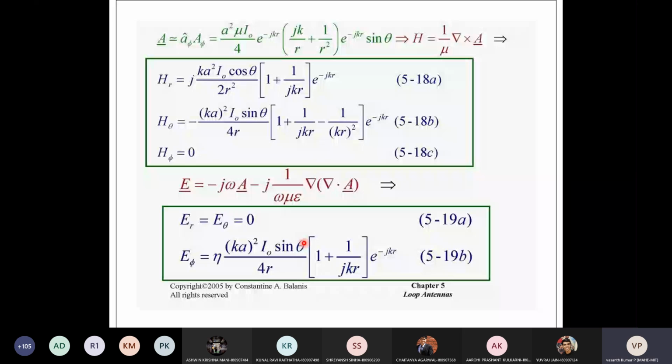Relation between electric field and F. Then from E you can find out H. Now if you do that exercise fully, you will find that you will get the same type of expressions for the infinitesimal magnetic dipole.